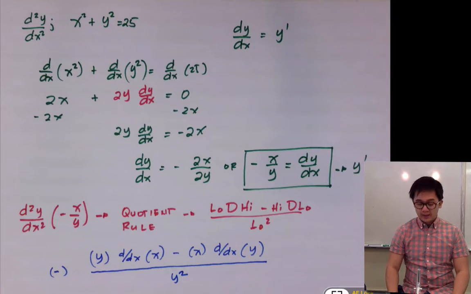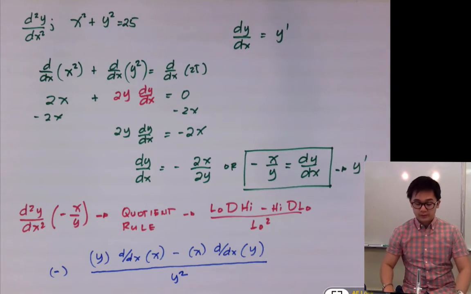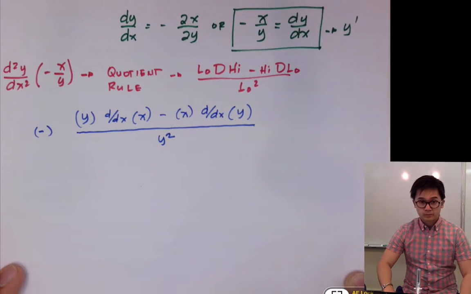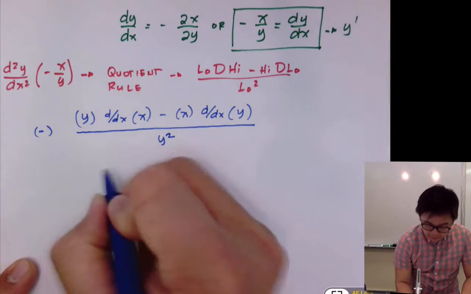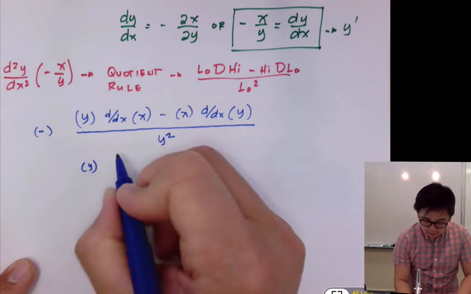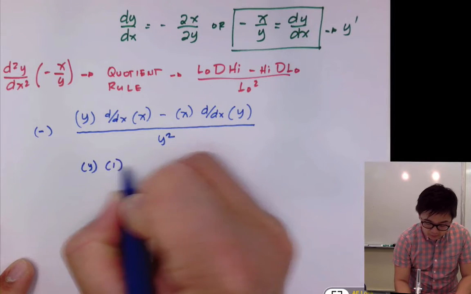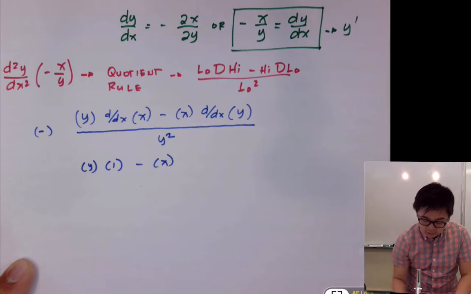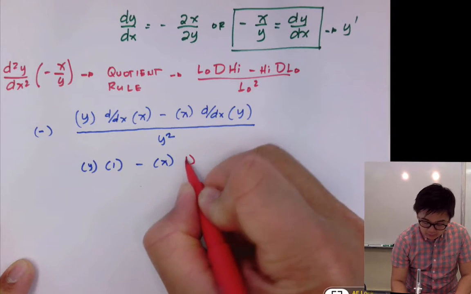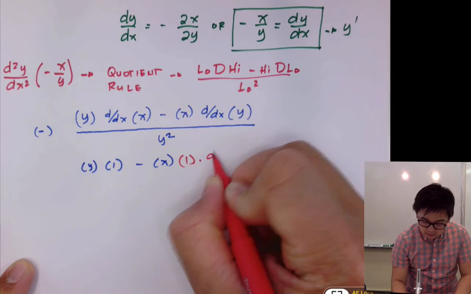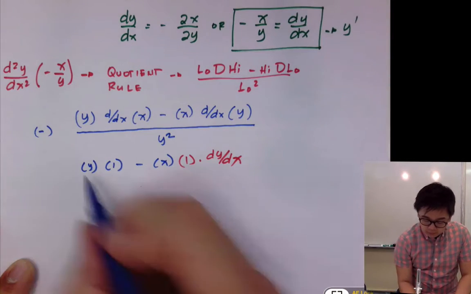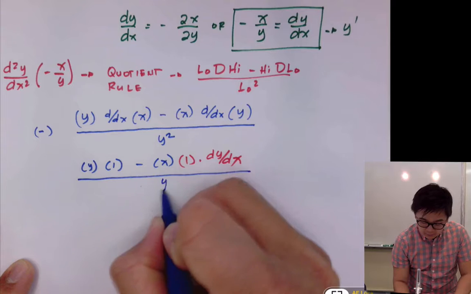So let's go ahead and simplify our derivative. So we have y, derivative of x is simply 1, minus the derivative of y, which is going to be 1 times dy dx, all over low, which is y squared.